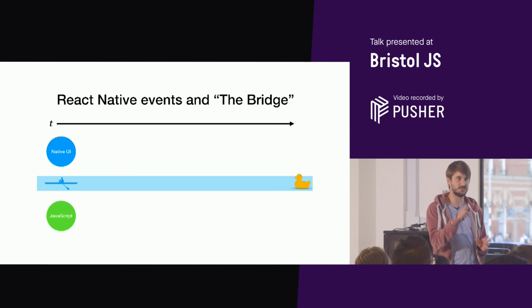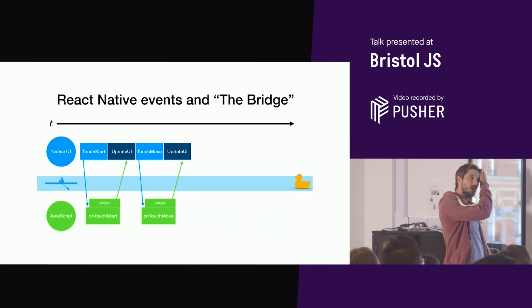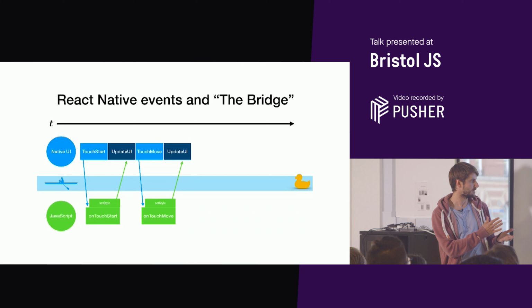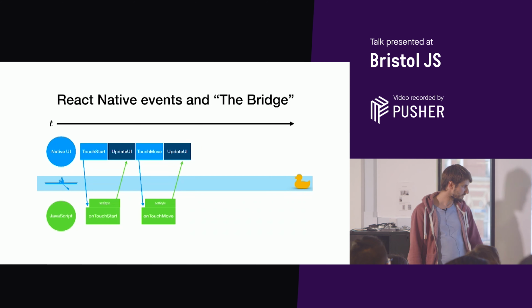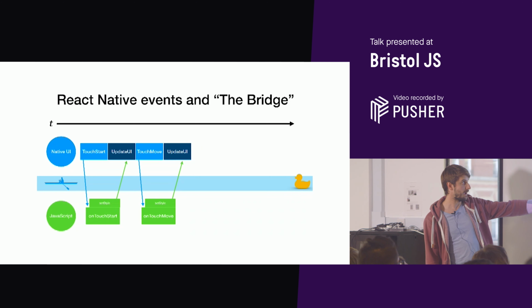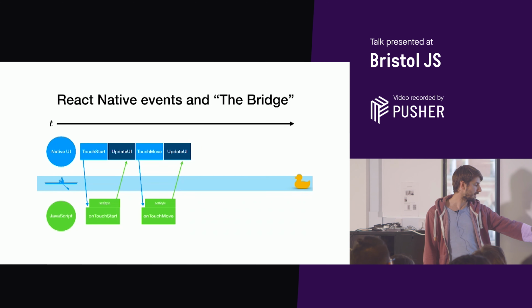So this is what normally happens if you're interacting with something in React Native. The native UI will be firing these touch start events and touch move events and that kind of stuff. You can't see this, but that says set style. So the data, like the payload, comes over the bridge, comes into React Native.